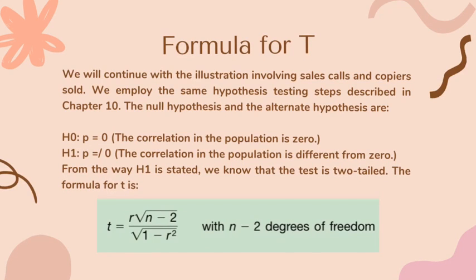H1: ρ not equal to 0, the correlation in the population is different from 0. From the way H1 is stated, we know that the test is two-tailed. The formula for t is below. You guys can see the formula, with n minus 2 degrees of freedom.